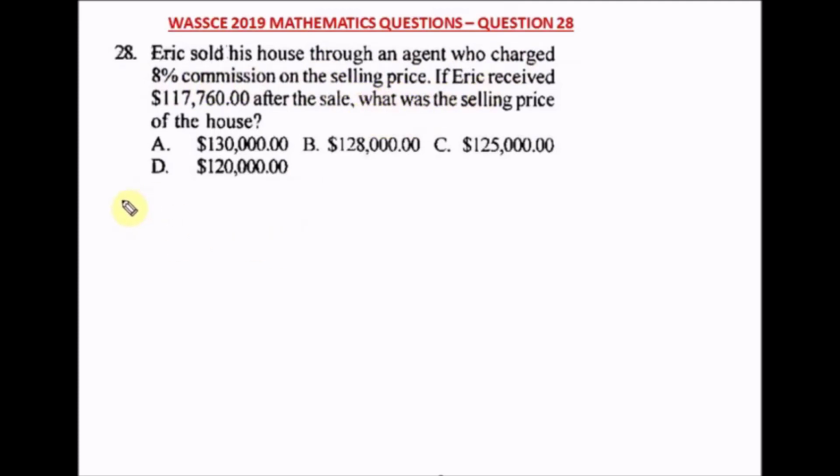So it means that 8% of the selling price, which is SP, is equal to the agent amount. Is that not it? And also the selling price is equal to the amount that Eric received, which is 117,760, plus the agent amount.